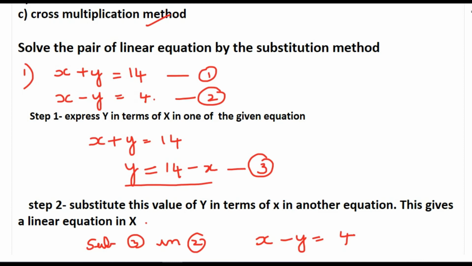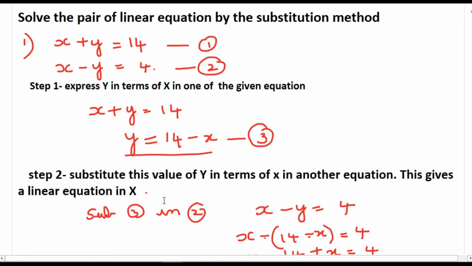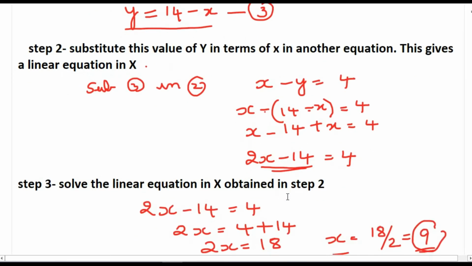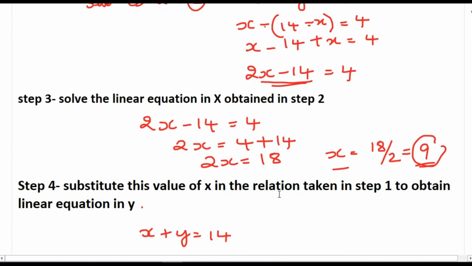So these are the steps. First you have to express y in terms of x. Then step number 2, you have to substitute this value of y in the other equation, x minus (14 minus x), and like this we get a linear equation in x. Third step, you need to solve this linear equation and you will get the value for x.